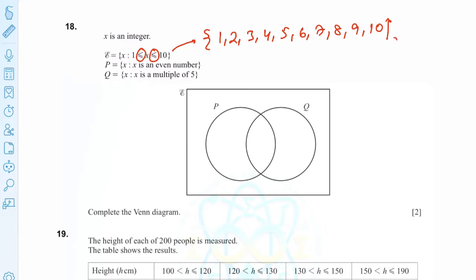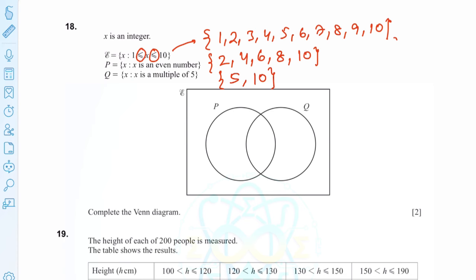Now P is the set of even numbers. So what are the even numbers? 2 is an even number, 4 is even, 6 is even, 8 is even, 10 is even, right? Next, Q. What is Q? Q is the multiples of 5. Multiples of 5 means 5 times 1 is 5, 5 times 2 is 10. So 5 and 10 are multiples of 5. Okay.